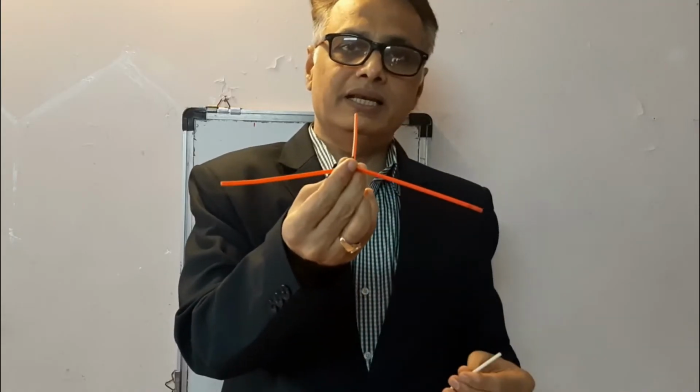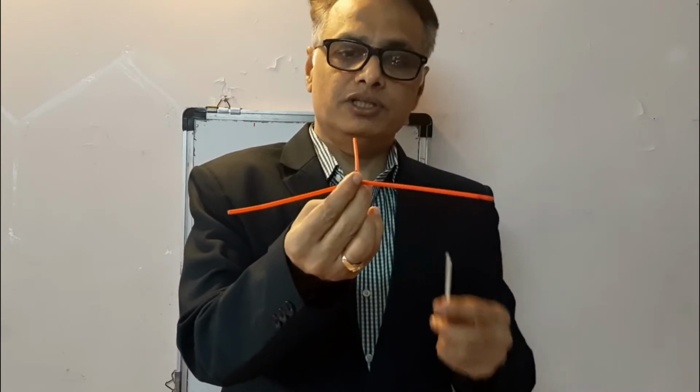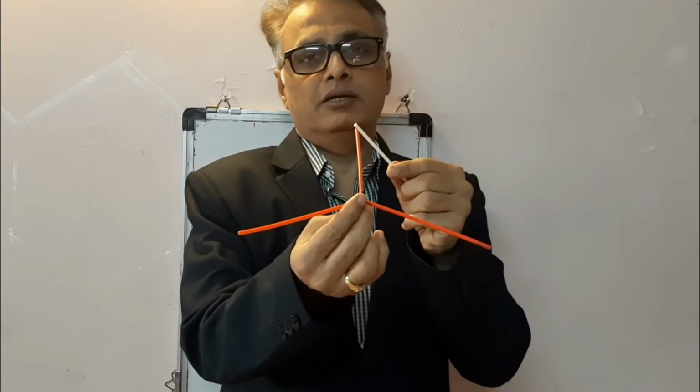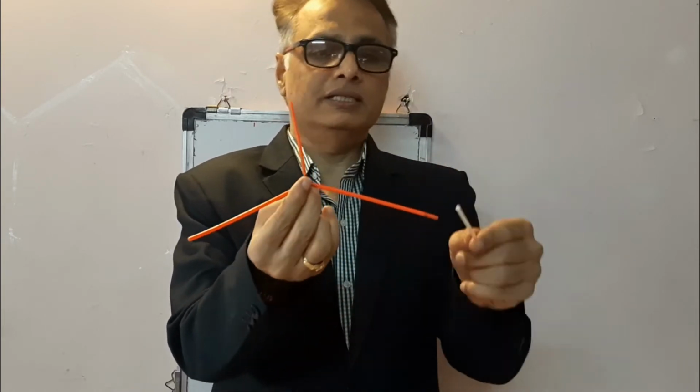This is our BCl3. It has a trigonal planar structure. Boron is placed here. This is Cl1, Cl2 and this is Cl3.